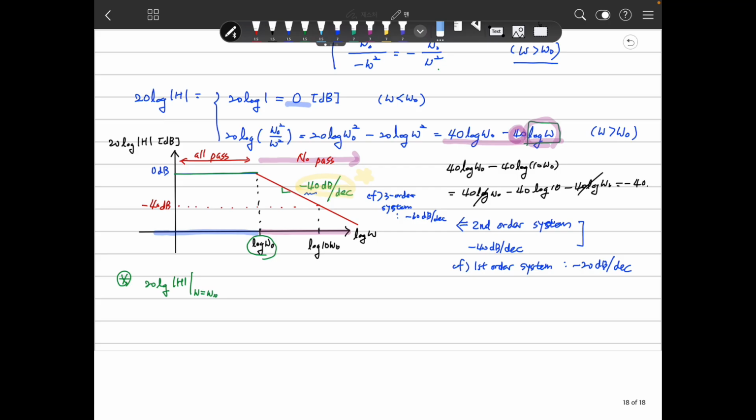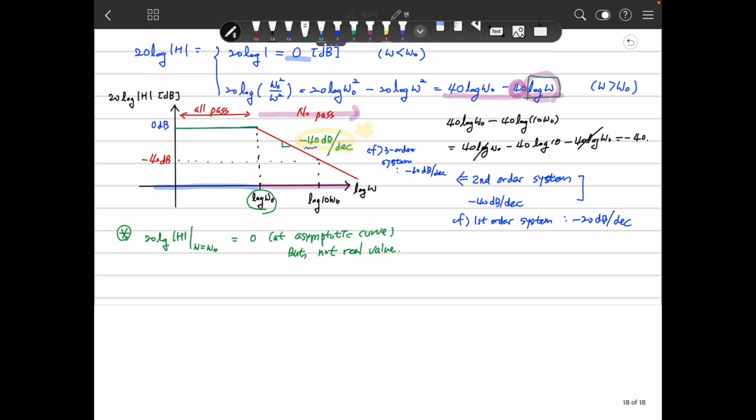But actually, this is not 0. Why? Because this is a second order system. You insert it exactly, and use 0, but the real value is not.